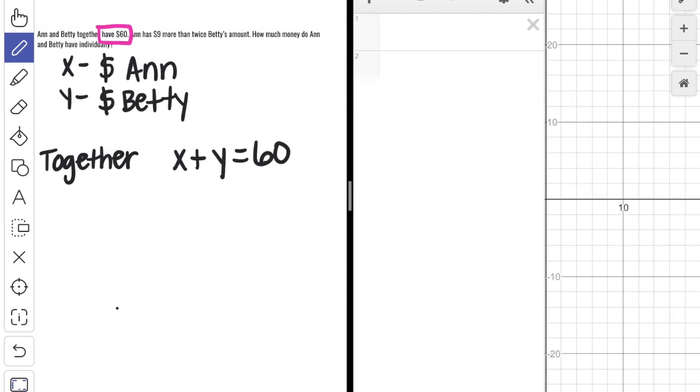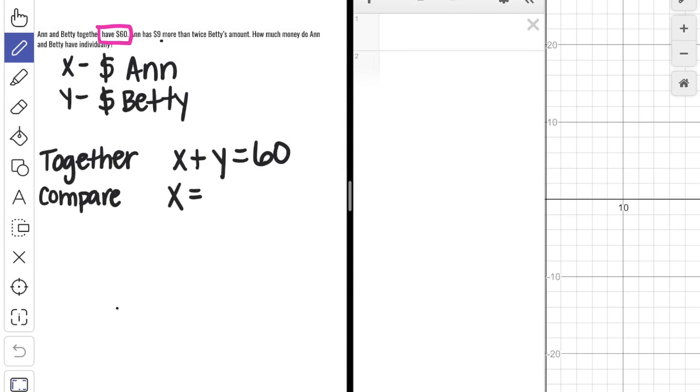All right, then it says Ann has 9 more than twice Betty's amount. So we're doing a comparison equation here. We're comparing how much Ann has to how much Betty has. So Ann is X. Ann has 9 more dollars than twice Betty.